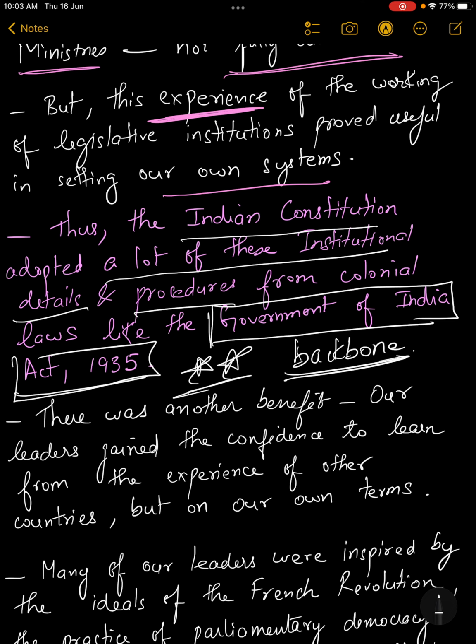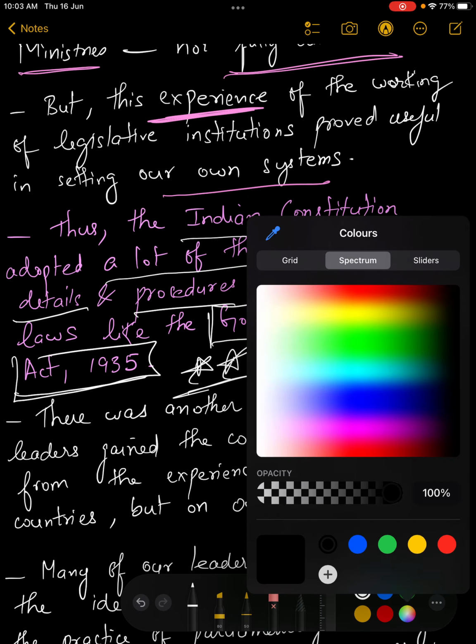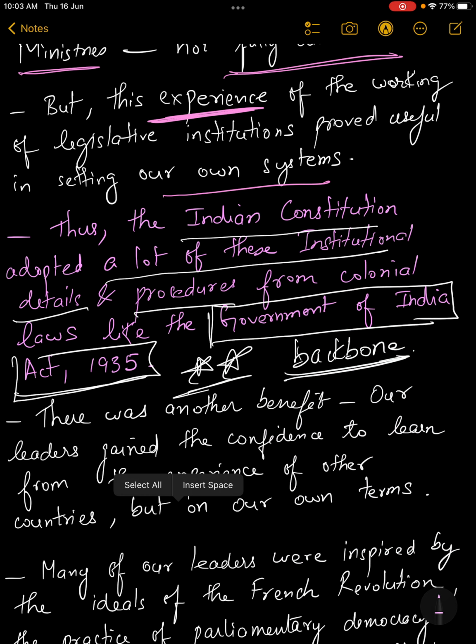Right? एक तो this was an inspiration, the colonial rule itself was an inspiration. And then there was another benefit as well. Ki our leaders were not shy to learn from the experience of other nations, but on our own terms, to fit our own context. So if you actually read the Indian Constitution, it has borrowed a lot of things from the constitutions of other nations.